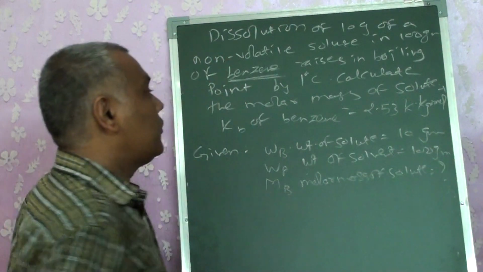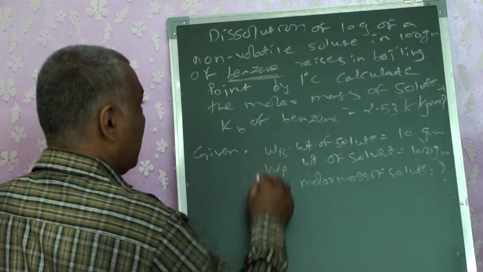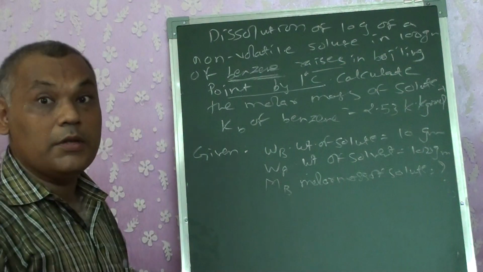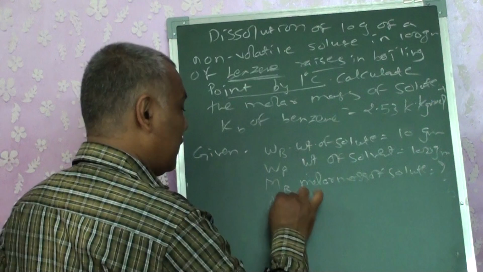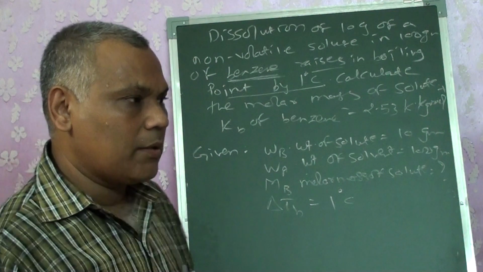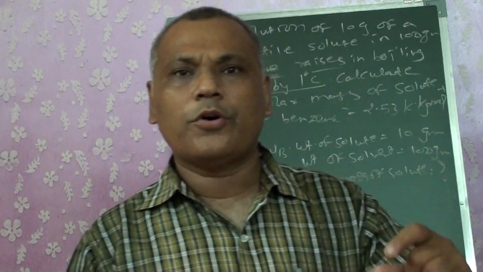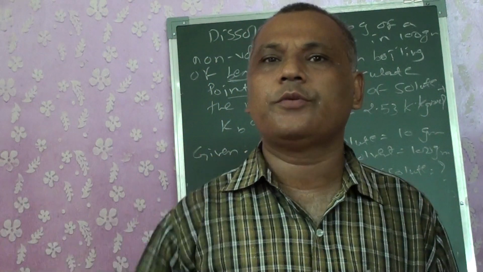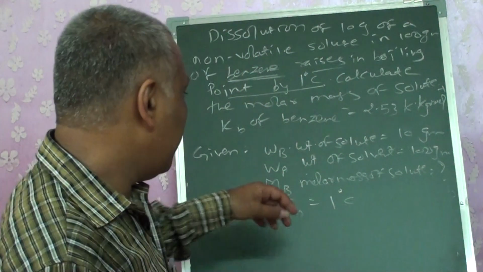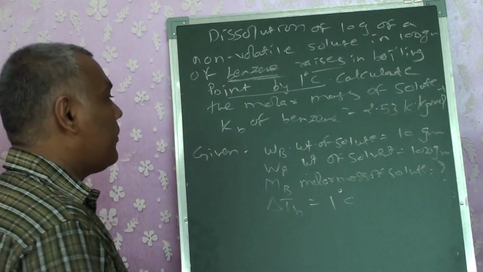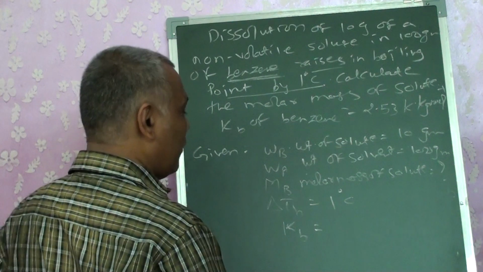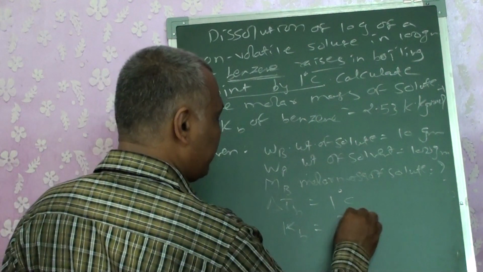We have been asked to calculate the molar mass of the solute. The rise in boiling point is straight away given to us: delta Tb is 1 degree C. Sometimes in the sums it might be given that the pure solvent boils at one temperature and the solution boils at another temperature; the difference we will get as the change. Here, in the formula, the Kb value is given straight away.